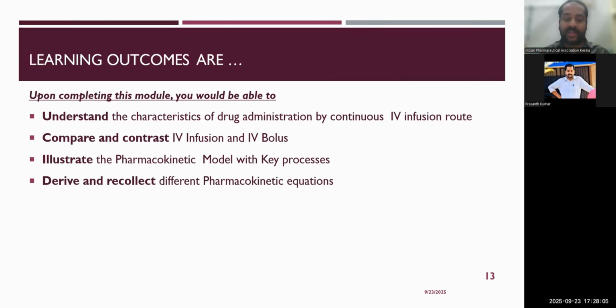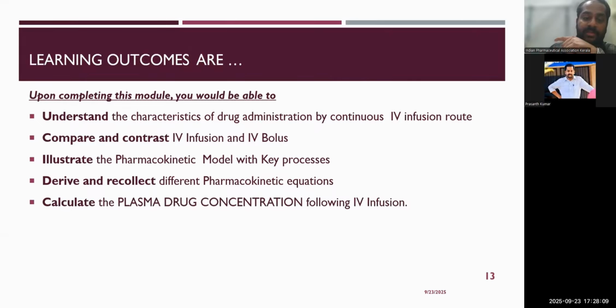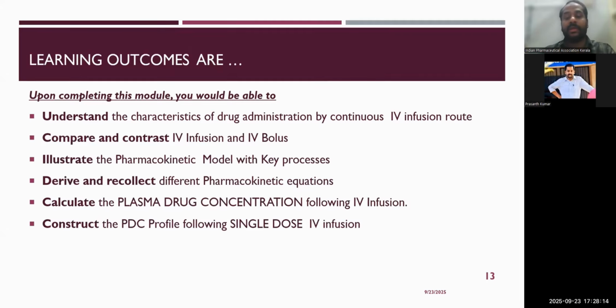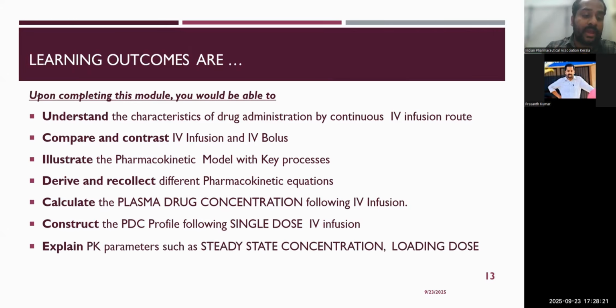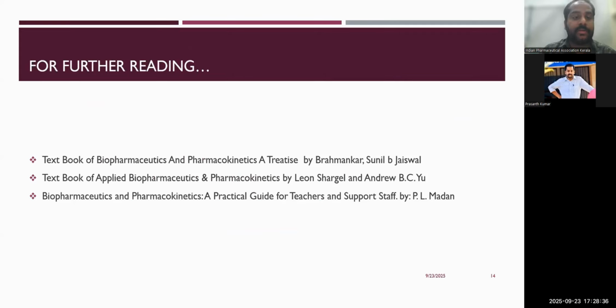Then to derive and recollect different pharmacokinetic equations, calculate the plasma drug concentration following a continuous IV infusion, to construct a plasma drug concentration profile following single dose IV infusion, and to explain the pharmacokinetic parameters such as steady state concentration and loading dose, and finally to predict the therapeutic outcome of a drug following continuous IV infusion in kinetics.